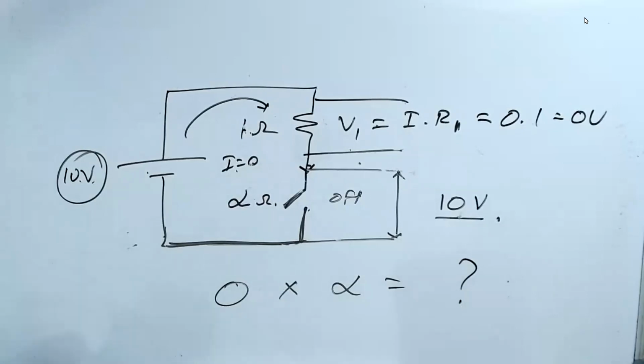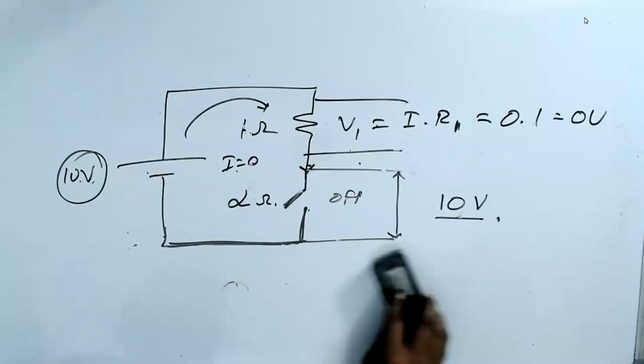What is 0 into infinity? Anybody? Somebody tell me the answer. It's very simple maths. Am I right? What is 0 into infinity? 0, no, sir. Yeah. The problem is like this.